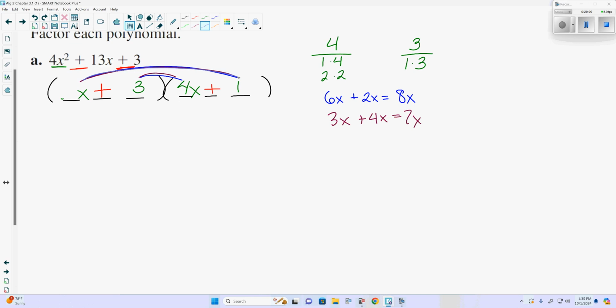X times 1 is x. 3 times 4x is plus 12x. And x plus 12x is 13x. Is that the middle term we wanted? And sometimes it'll take us more than one try to get there.